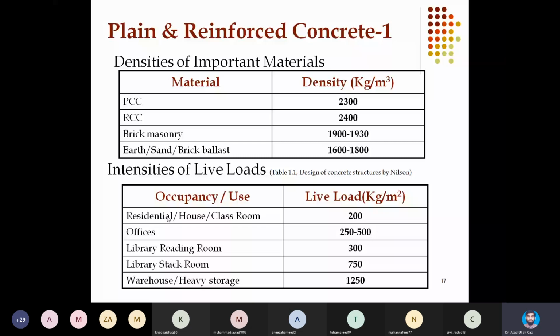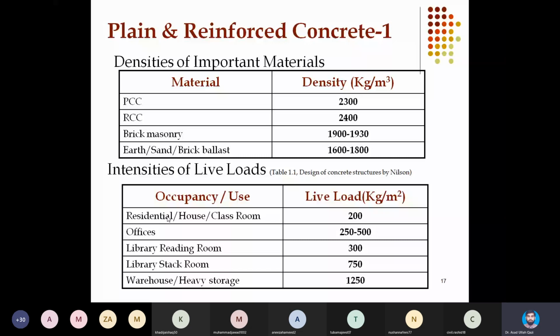During the service life, that building should be subjected to the type of load against which the building was actually designed. But if there is a change in the structural use, then one needs to consult the designer again.